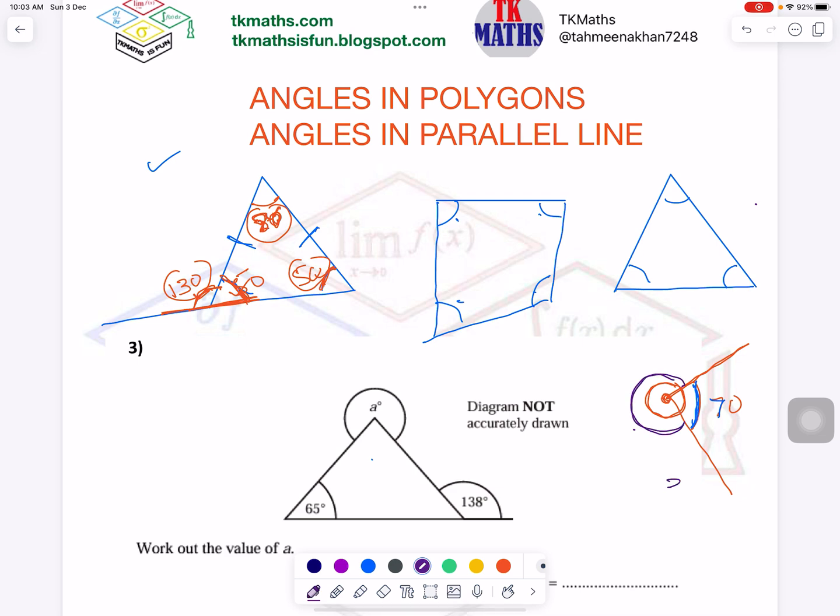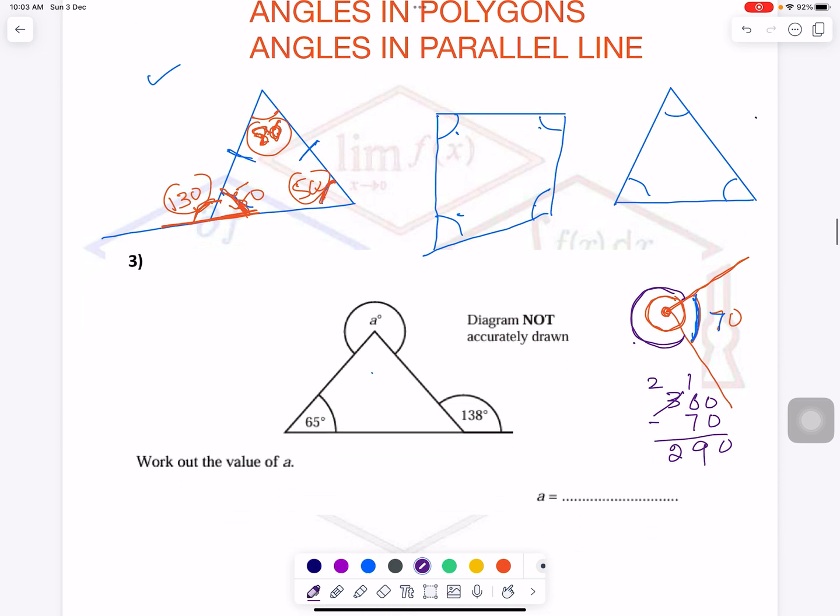You will simply do 360 minus 70. Tell me quickly, can you do mental maths or can you do it in writing? What will it be equal to? 290, right? So this is how you will calculate the angles.